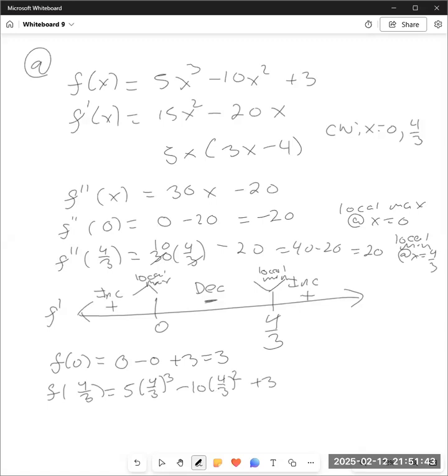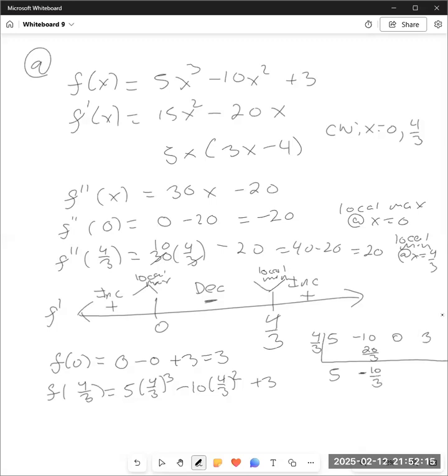Now, I really don't want to do it that way. I'm going to use synthetic division to help me because I don't like cubing and squaring a whole bunch of fractions. So 5, negative 10, 0 for the coefficient on x, 3. So this is going to be 20/3, negative 30/3. Negative 30/3 plus 20/3 is negative 10/3.